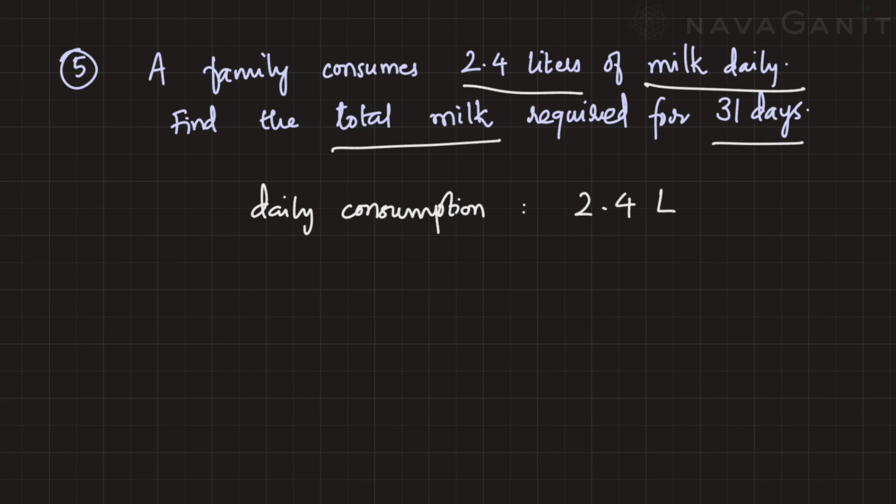Now for 31 days, it would be 31 multiplied by 2.4, which is nothing but 74.4 liters. So the total milk which is required for 31 days for this family would be 74.4 liters.